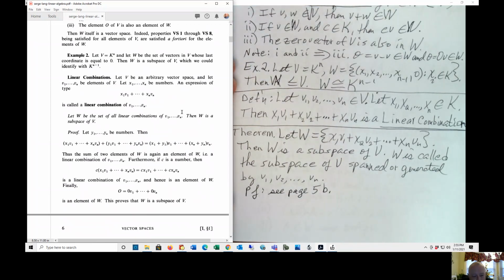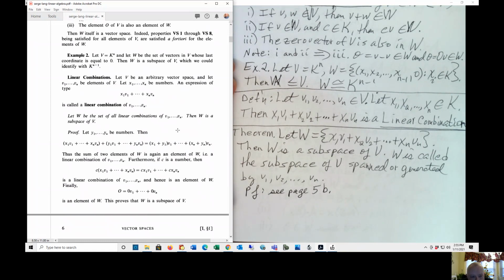And we see the proof of this here to the left on page 5 in our text. So we've got the scalars x1 through xn, so we need another set of scalars, y1 through yn, and what do we have to show?